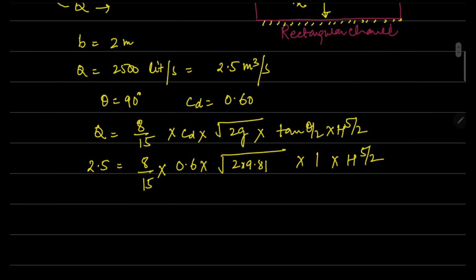Another important thing is that this particular value you will require many times when you are solving weir and notch problems, and this value usually comes out to be 4.429. So for your ease you can remember this value, so every time you need not take the root of 2 multiplied by 9.81.